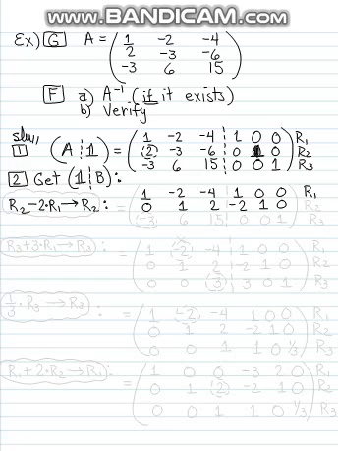Let's see if I got that right: 0, 1, 2, negative 2, 1, 0. Yeah, that's my new row 2. And row 3 is unchanged. Just bring it down. Negative 3, then 6, then 15, next to that 0, next 0, next 1. That's row 3. So that is the result of doing this row operation.